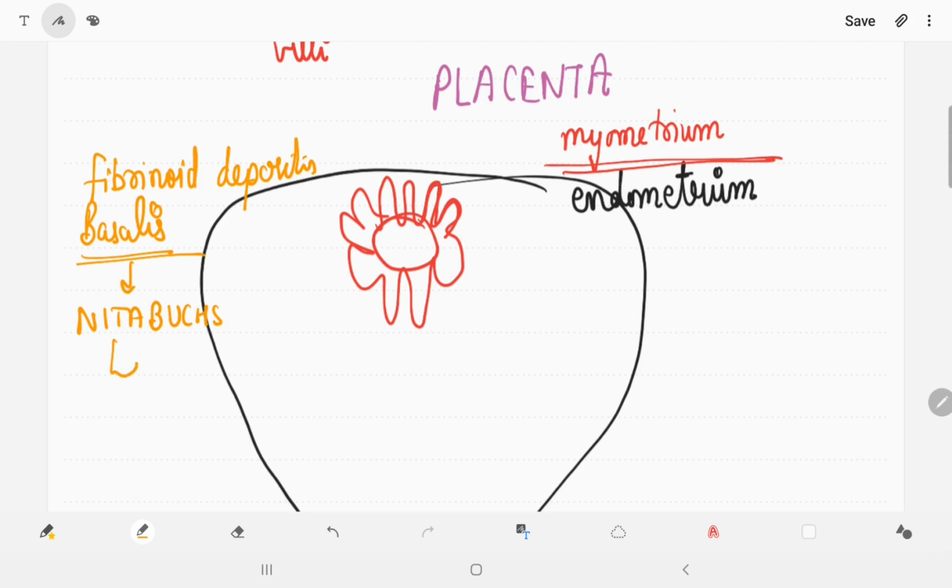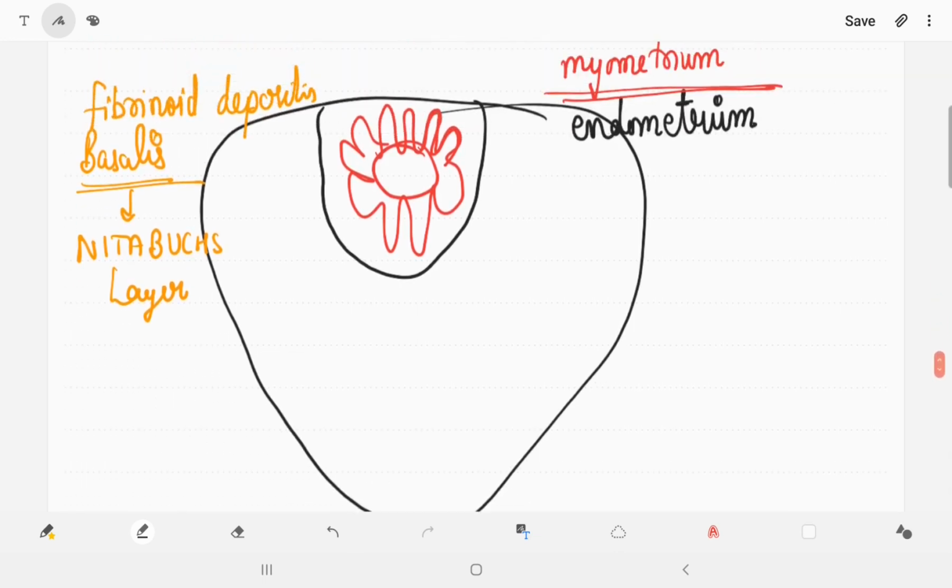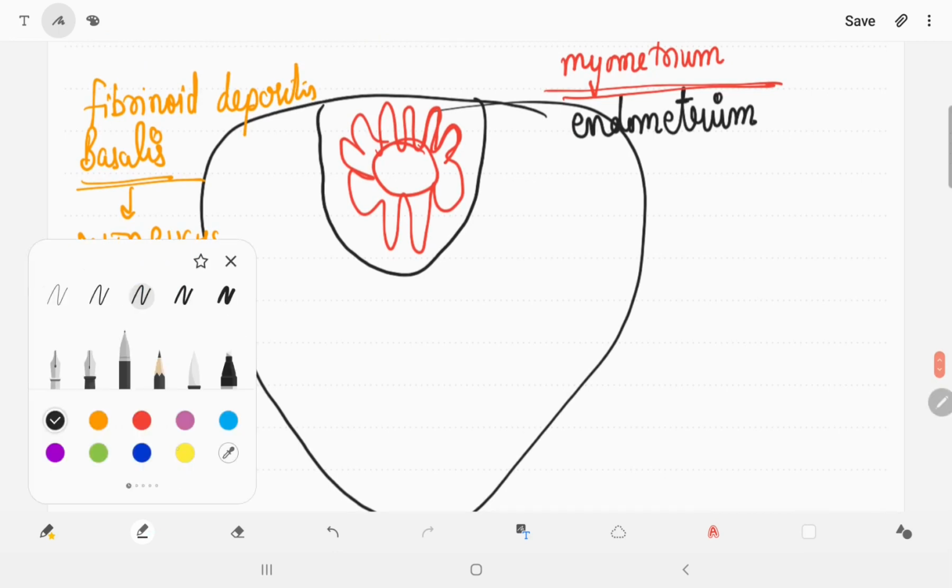Okay. Also, now as the zygote implants the endometrium, the epithelium grows around it because it wants a firm grip over the zygote. So it grows all around the zygote. So now can you see that again the endometrium can be divided into a lot of areas, right?